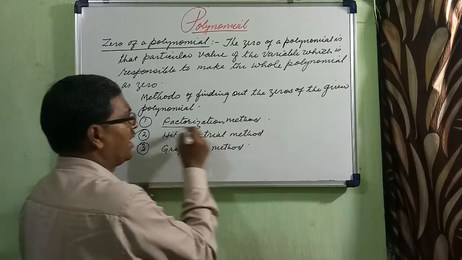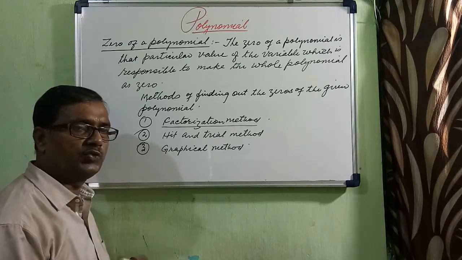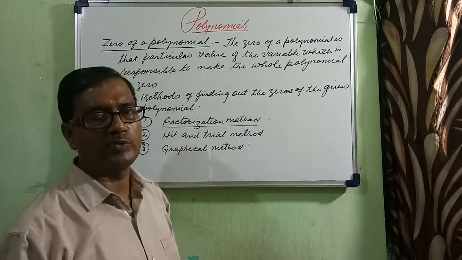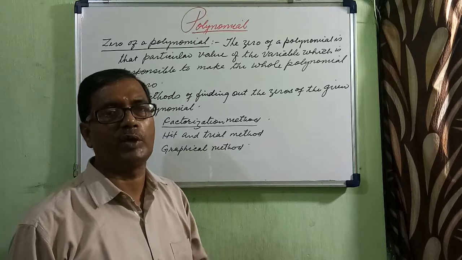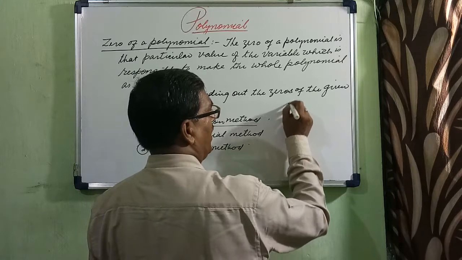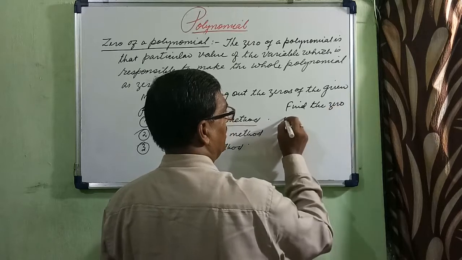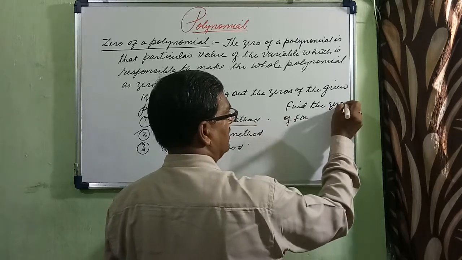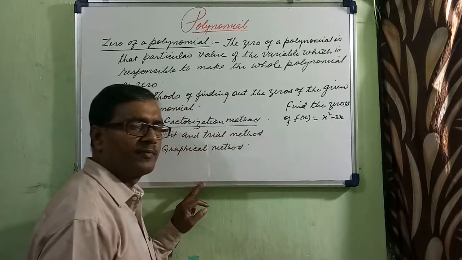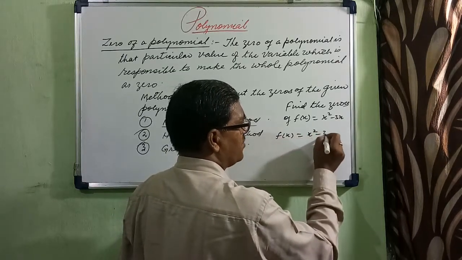It is very obvious to understand by factorization method what we do. Whatever the polynomial you are given, you factorize it and each of the factors will be treated as equal to 0. So you can find out the value of x and that value of x will be called a zero of the polynomial. For example, find the zero of f(x) is equal to x square minus 3x.